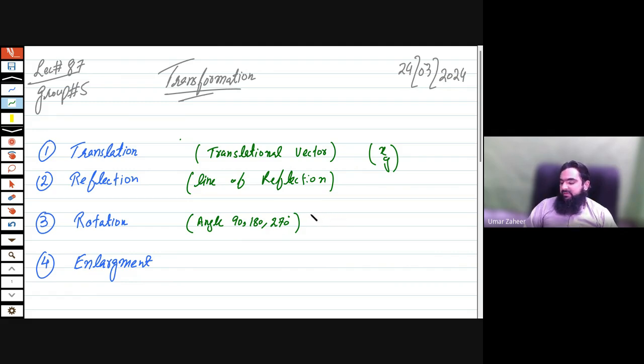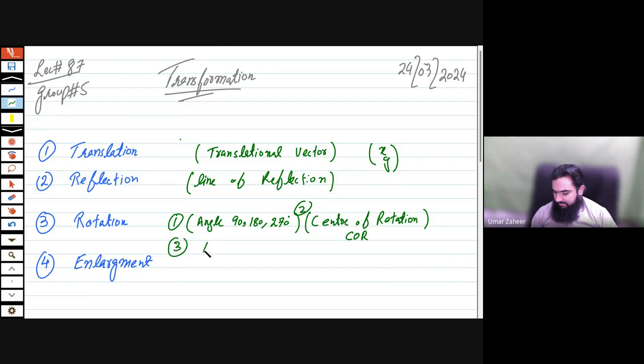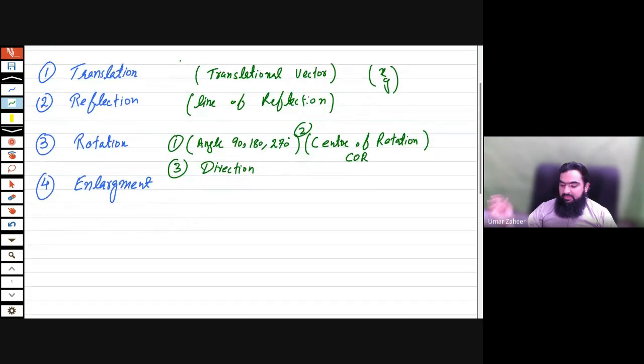The second thing that we have to talk about is the center of rotation. In short, we write COR. And the third thing that we are going to talk about in the rotation is the direction. The direction means you are rotating in the clockwise direction or in the anti-clockwise direction.